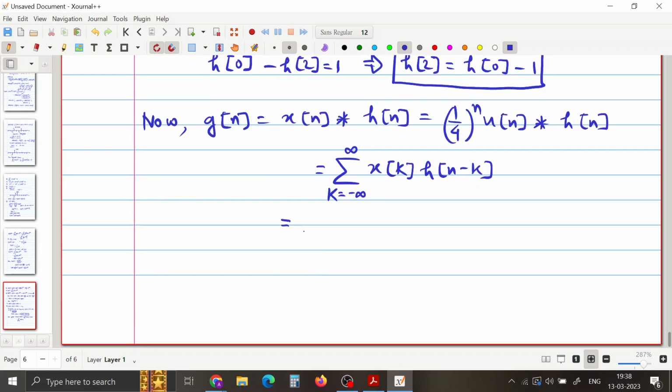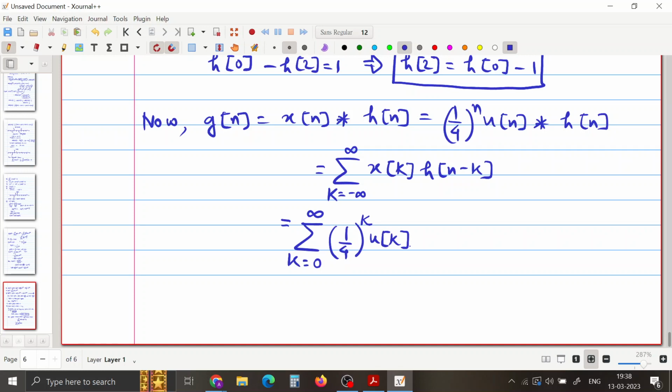And what is x of k? I'll substitute the limit later. Let me first write x of k. X of n is 1/4 to the power n u of n. We can make it k equal to 0 to infinity because we have u of n. Exactly.